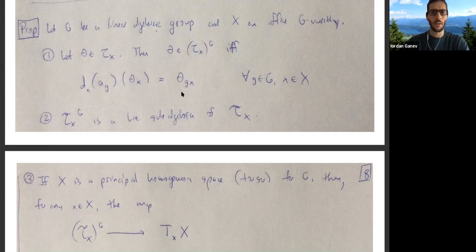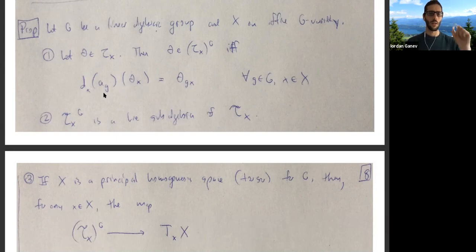Similarly, we have this guy here who lives in the tangent space at g times x, the image of x under the action of little g. And we have this a sub g, a map from X to X that sends little x to little g times little x. If we take the derivative of this map, we get a map on the tangent spaces.